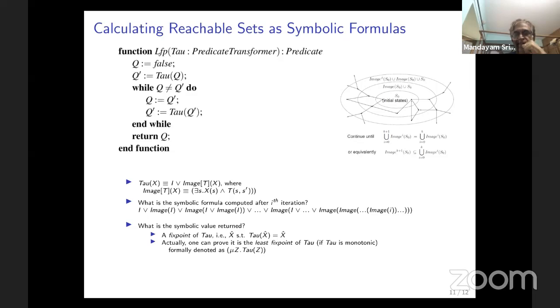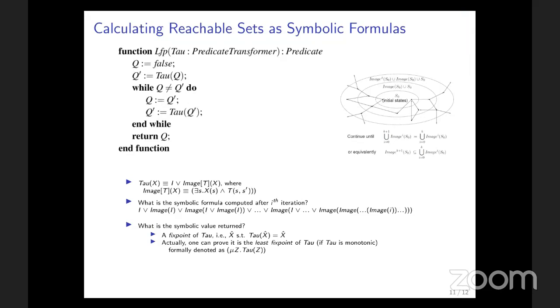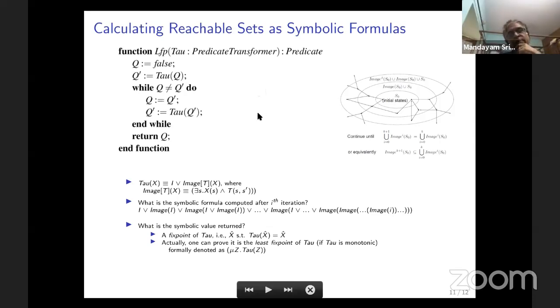So any questions? Checking whether Q is equal to Q prime or not will require a call to some SAT solver in this case, because we would have a formula to check whether two formulas are equivalent. Correct. So there are two steps here. One is generating these formulas.